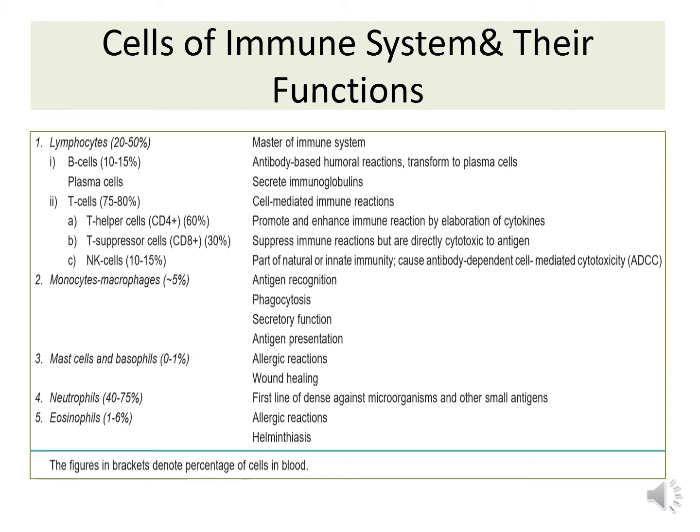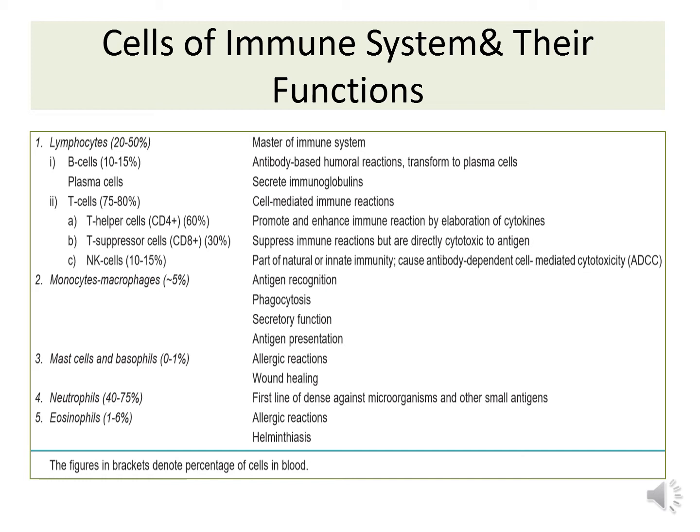T suppressor cells with CD8 receptor are 30% of all blood cells, suppress immune reactions but are directly cytotoxic to antigen. And natural killer cells, NK cells, 10-50%. They are part of natural or innate immunity, and cause antibody-dependent cell-mediated cytotoxicity, ADCC abbreviation.